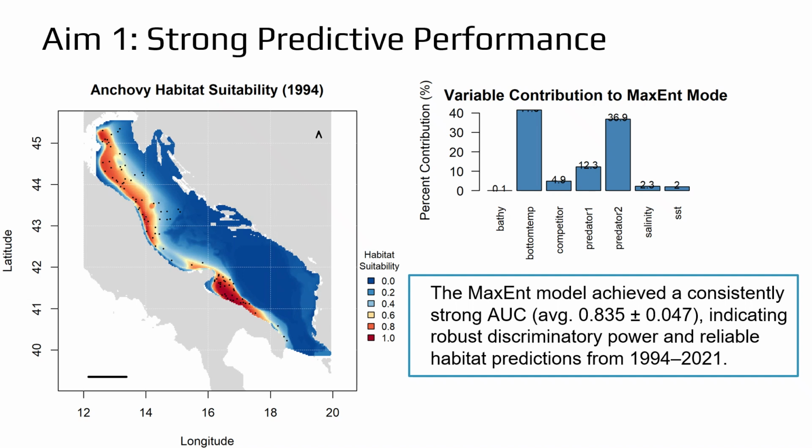In this year, the variation in bottom temperature and presence of the predator, the European hake, showed the highest levels of contribution to the overall model performance. But over this 28-year period, we did have a consistently strong area under the curve, so an average of about 83.5% ability for the model to predict the likelihood of a species being present.